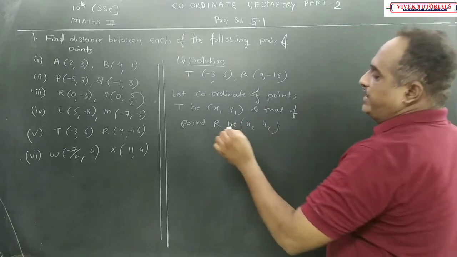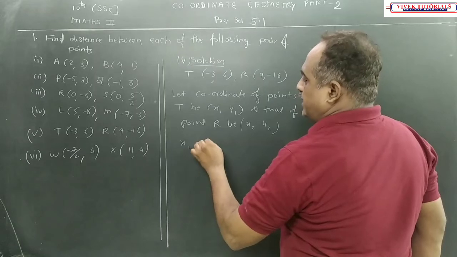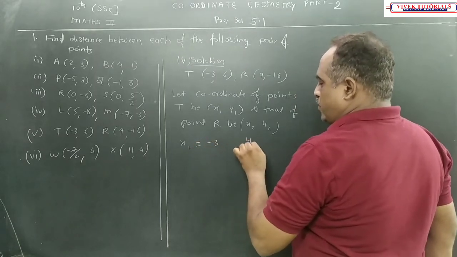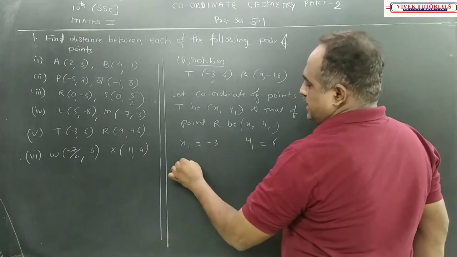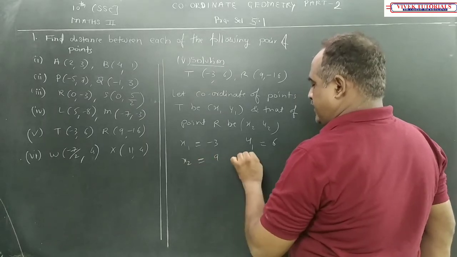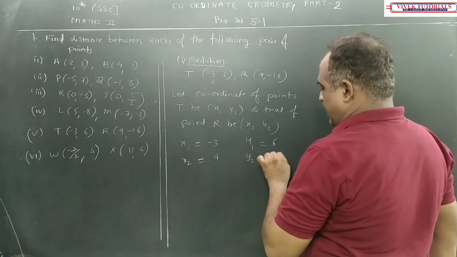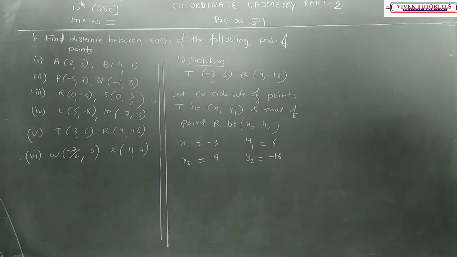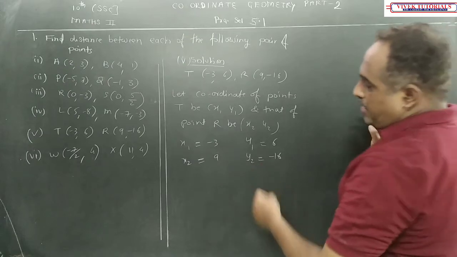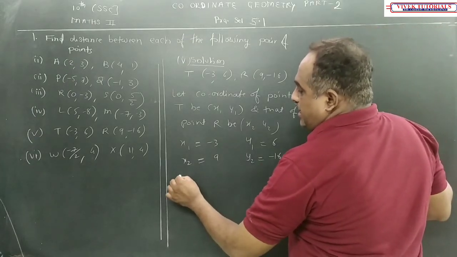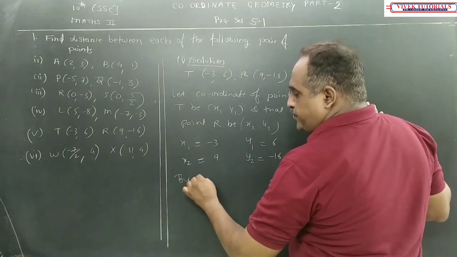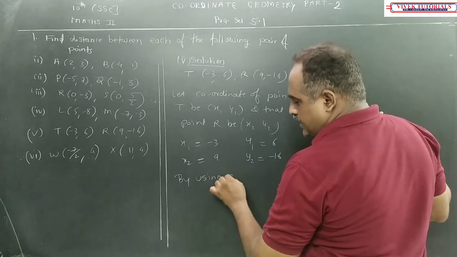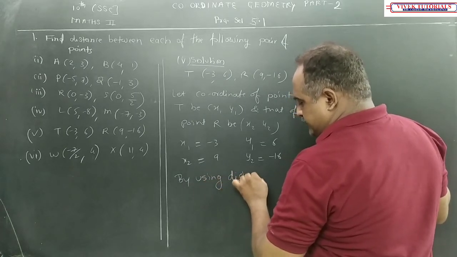So what is the value of x1? x1 is minus 3, y1 is 6, x2 is 9, y2 is minus 6. Students, you can pause the video, continue your answer and check later, by using the distance formula.